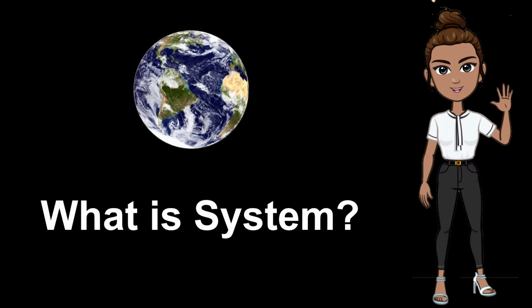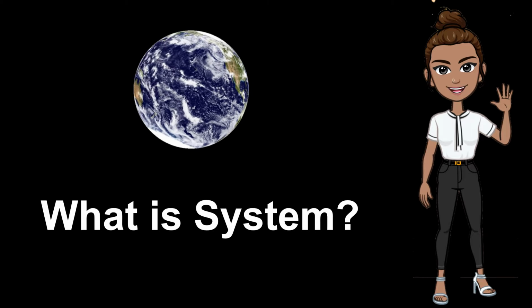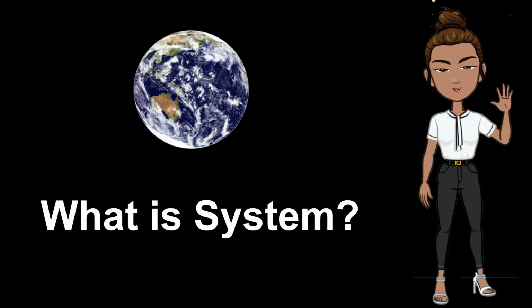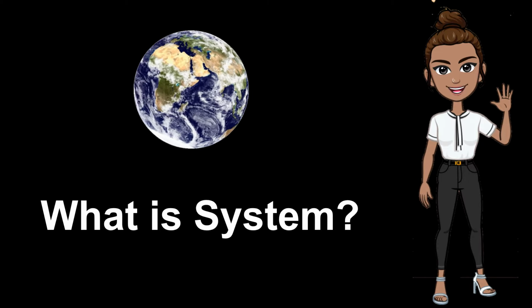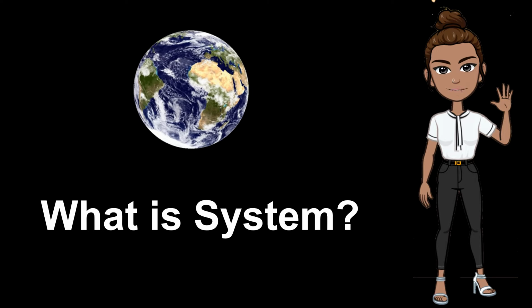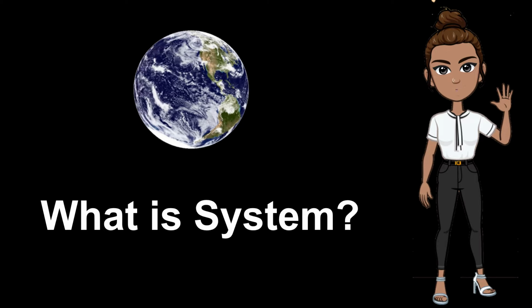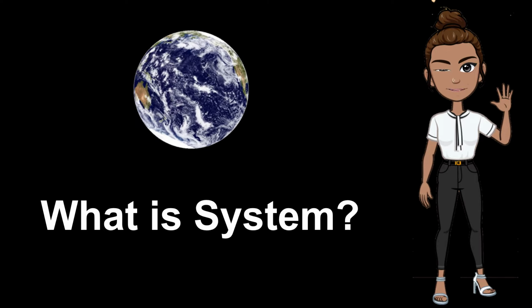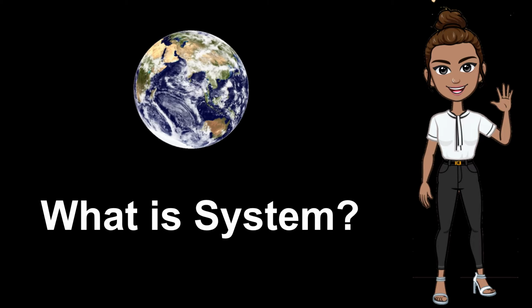A certain group of interacting, interrelated, or interdependent parts that work together to form a complex whole is called a system. Scientists around the world try to study our planet through the smallest systems it has and fit them together to form a whole picture, which is known as Earth System Science.